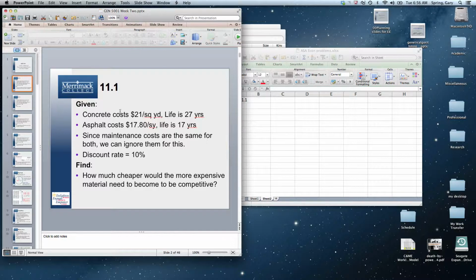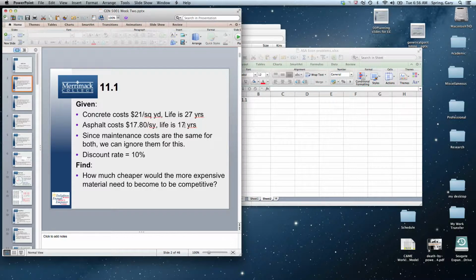In chapter 11, you're given two alternative pavements, concrete and asphalt. The costs for each are listed here: $21 per square yard for concrete, $17.80 per square yard for asphalt. Concrete lasts 27 years before it needs to be repaved. Asphalt lasts 17 years before it's repaved.